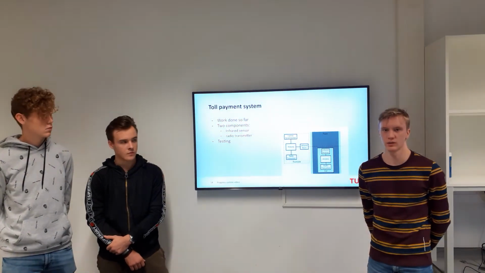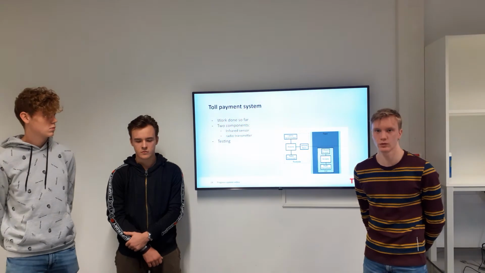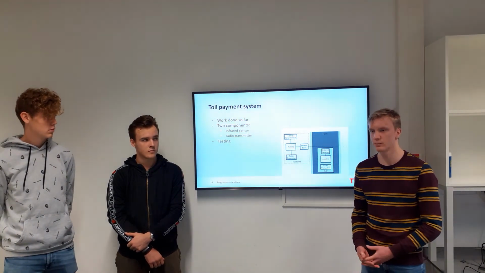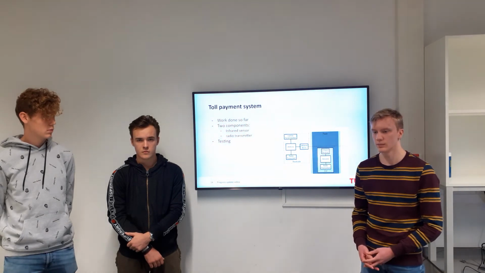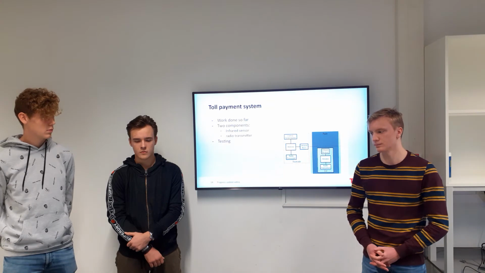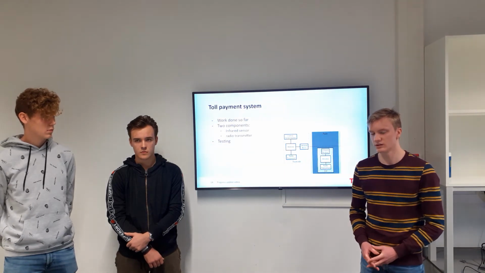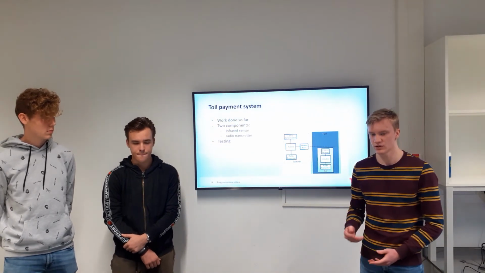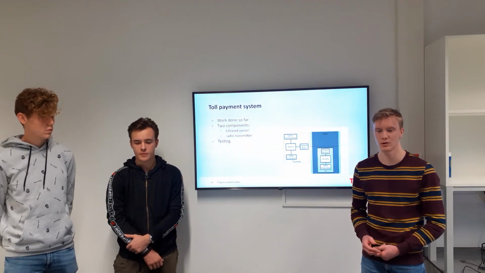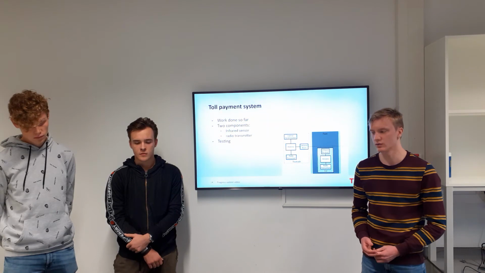The goal of the toll payment system is creating a system which measures the time it takes for the car to take a lap, but also how many laps we've taken so far.